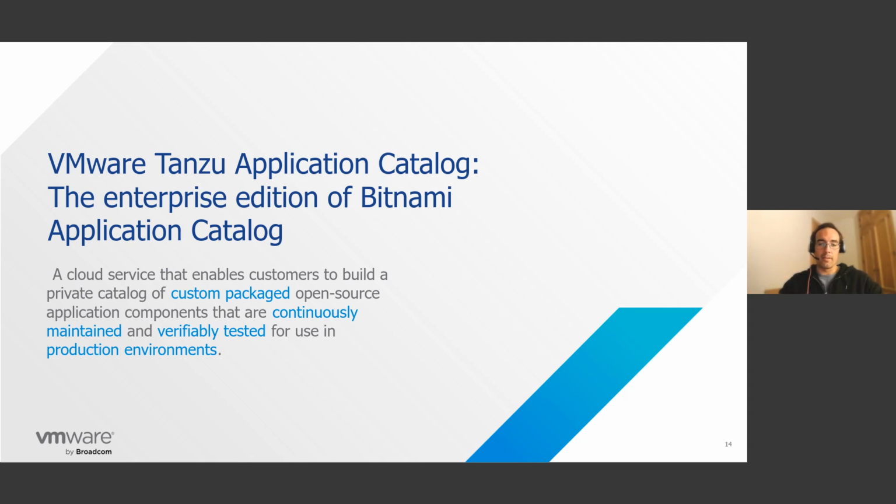Okay, so making the difference, Bitnami Application Catalog provides you different open source applications and components so you can test in your labs, in your local, but VMware Application Catalog, and I will show a little bit more, gives you verified, customized and verifiably tested applications ready to be used in production.